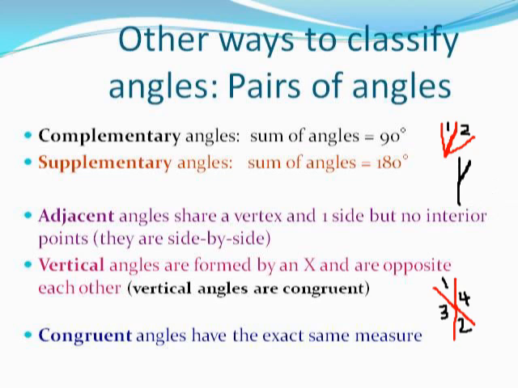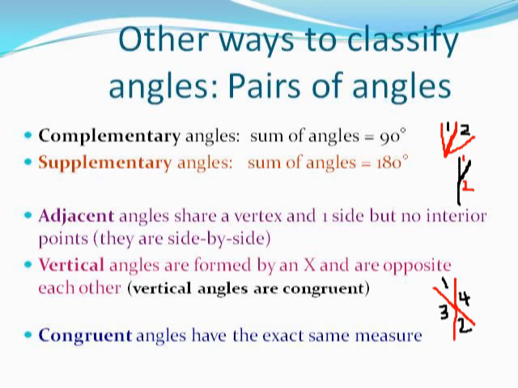So now on that particular drawing, I have angle 1 and I have angle 2. They are adjacent. They're also something else. Look at your other words. They're adjacent and they're supplementary because together they form a straight line, which is 180 degrees.